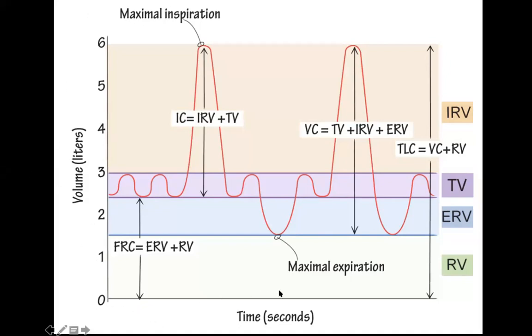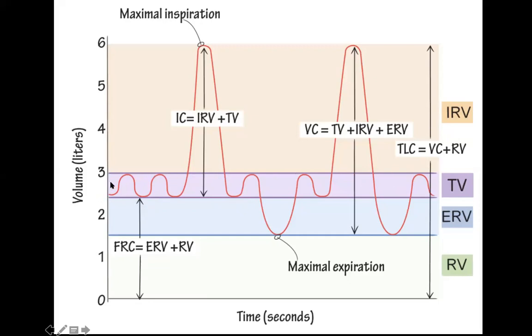Then draw your horizontal line, which is the x-axis, which is time in seconds. You don't need to mark the time in seconds. At around 1.5, draw a line, because 1.5 liters is the residual volume. At around 2.5, draw another line. At around 3, draw another line.